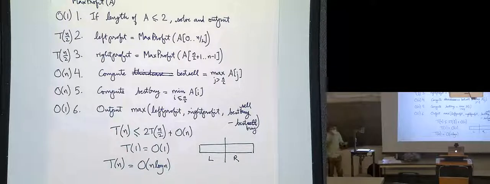Now, you have to do more because the combine step also has to compute the min and the max to send. But that's easy, right? If you have the min on the left and the min on the right, the total min is just the min of those two. The max on the left and the right, that's just the max of those two.